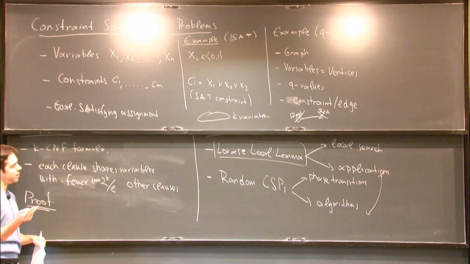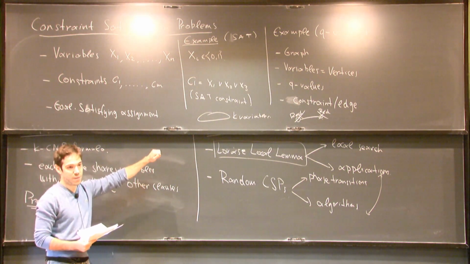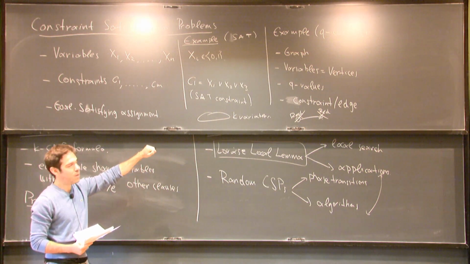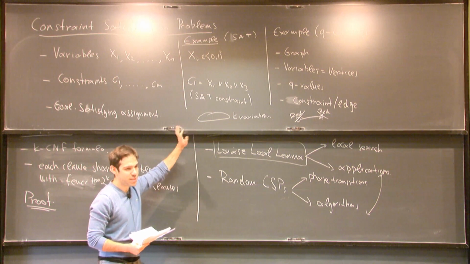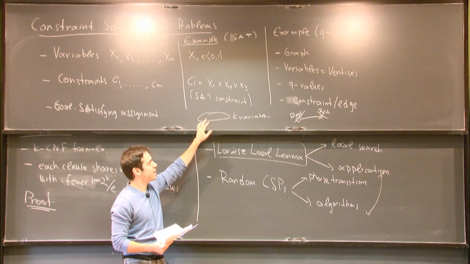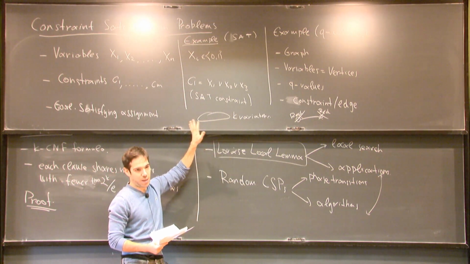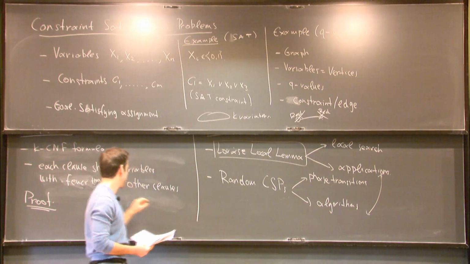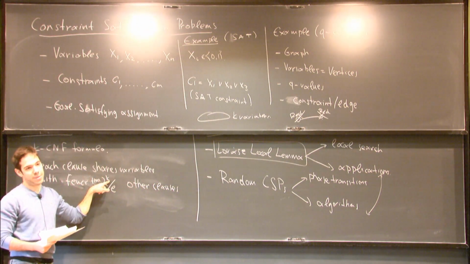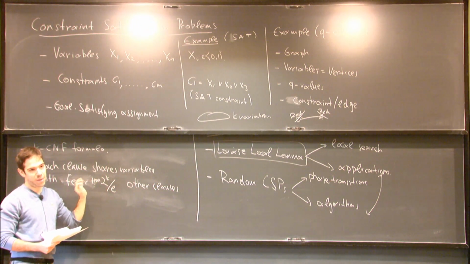For two-coloring, the only difference is that each constraint forbids 2 assignments. That's the only difference. So instead of 2^k here, you get 2^(k-1). Otherwise, it's the same. Okay?